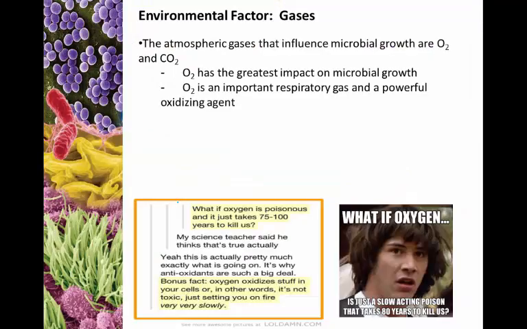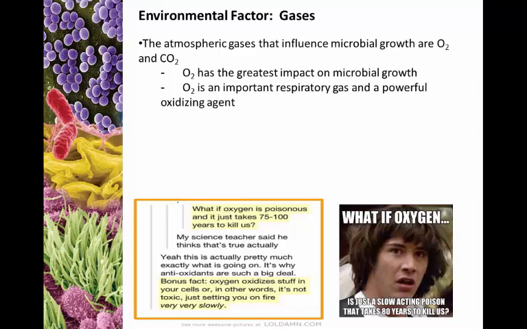Okay. Another environmental factor, the presence of atmospheric gases. The ones that are most influential are going to be oxygen and carbon dioxide, with oxygen having the most impact upon microbial growth, mainly because that oxygen is extremely useful when it comes to cellular respiration, and organisms that respire aerobically will actually make more ATP than those that do not.